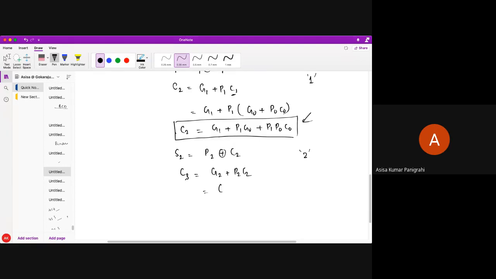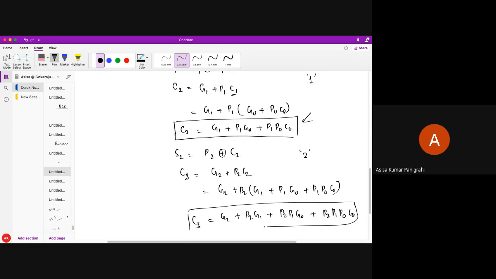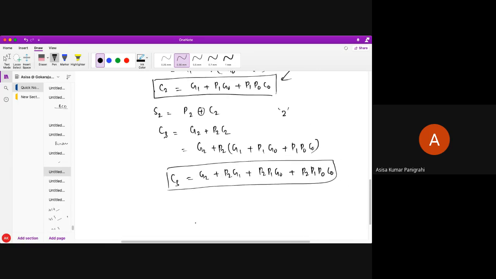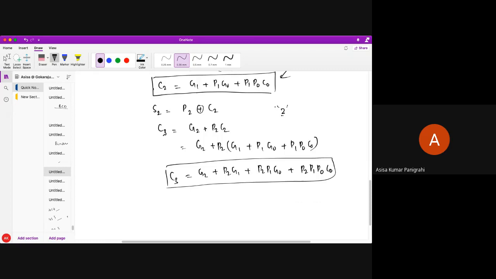I know G2, this is P2, and C2 is nothing else but G1 plus P1 G0 plus P1 P0 C0. So I'll be getting here G2 plus P2 G1 plus P2 P1 G0 plus P2 P1 P0 C0. So I'll be getting C3 like this. For the second bit operation, I'll be obtaining C3. That's why it's a carry look ahead adder.